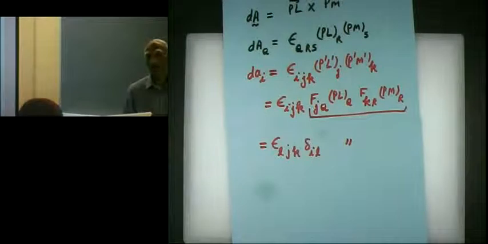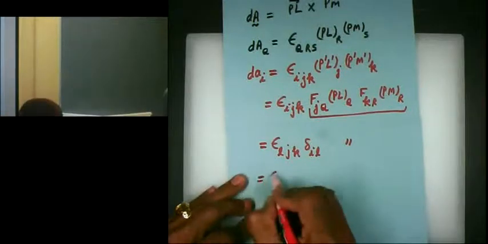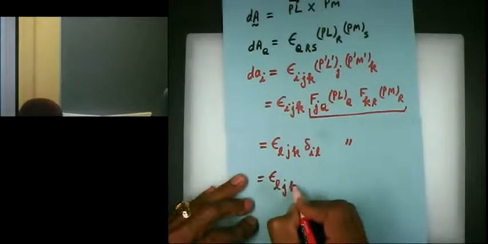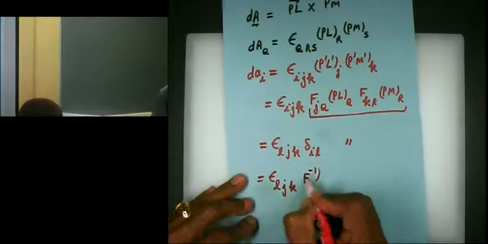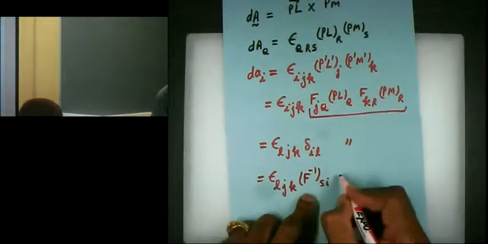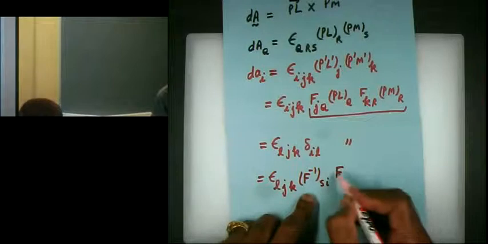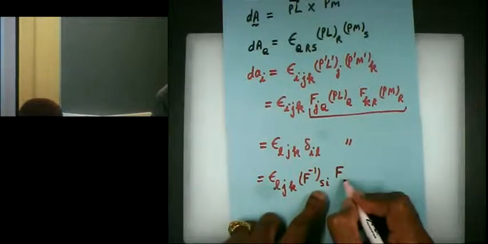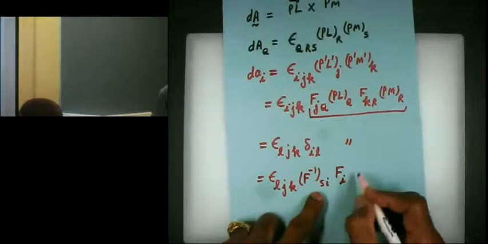Okay, I mean that's no problem, because identity matrix, if the matrix is invertible, then A inverse A is 1. So this is then epsilon I j k F inverse. So we have Q R, so let's put S I F. Oh, can't you say I again?